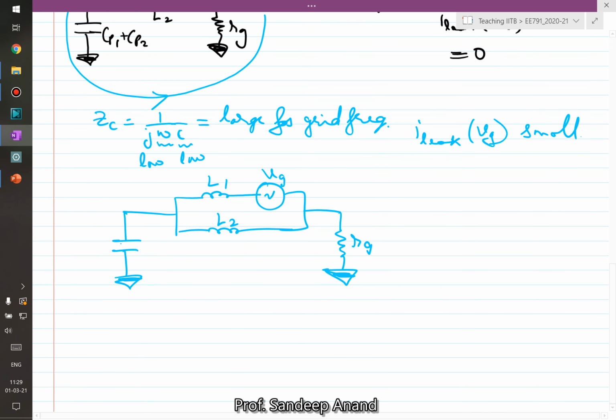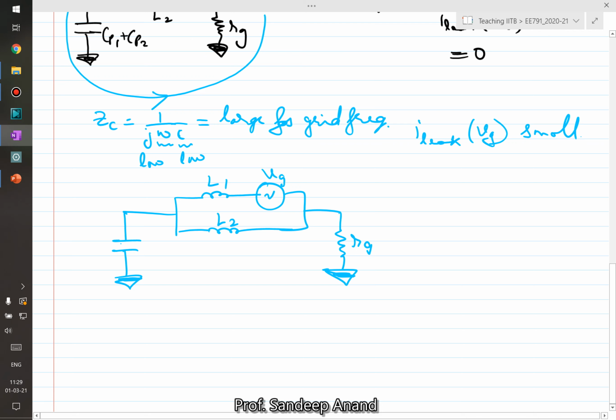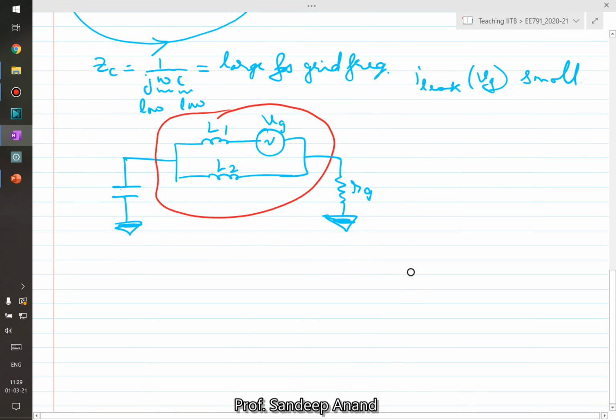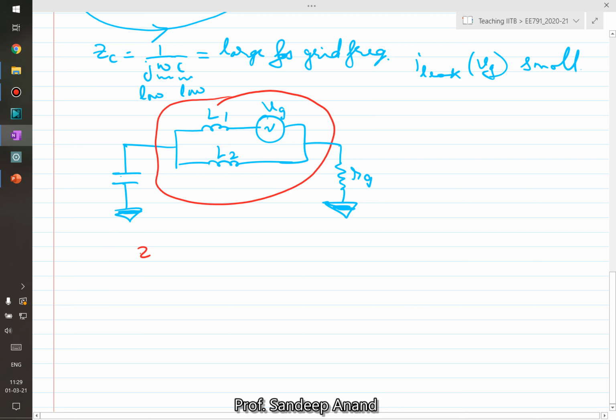Now I can draw the Thevenin equivalent of this block. What is the Thevenin impedance? It is going to be ZL1 in parallel to ZL2. Writing in Laplace, the Thevenin impedance is SL1 SL2 over SL1 plus SL2. And what is the Thevenin voltage?